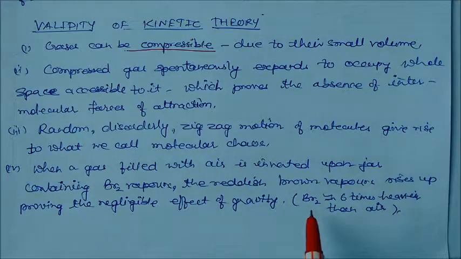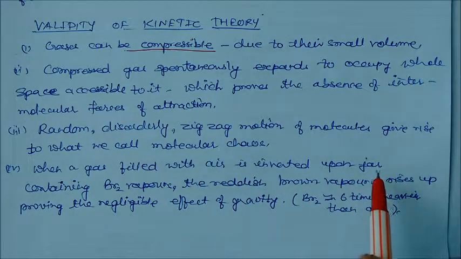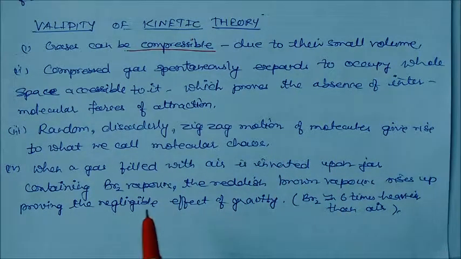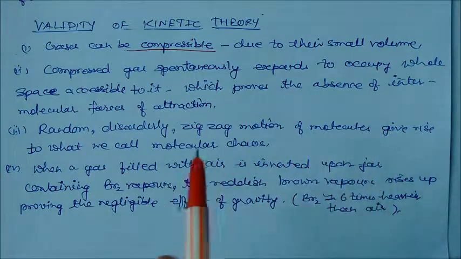We know that bromine is almost 6 times heavier than air, but when you fill the jar, the vapor goes up. Why is it going up? Because this vapor is not affected by gravity. So we can say gaseous molecules do not have an effect of gravity.